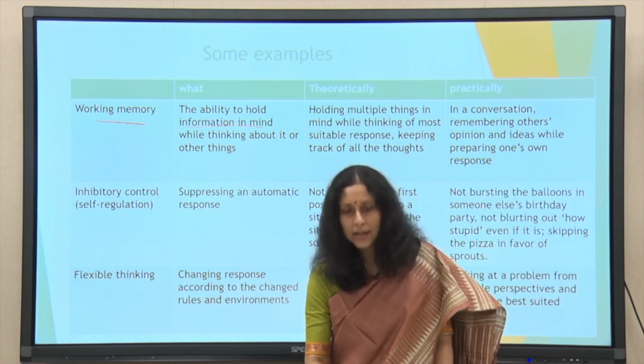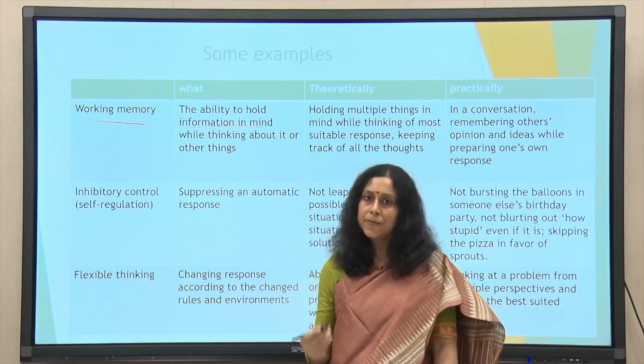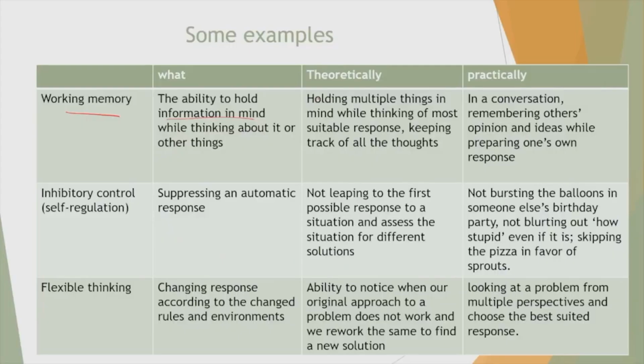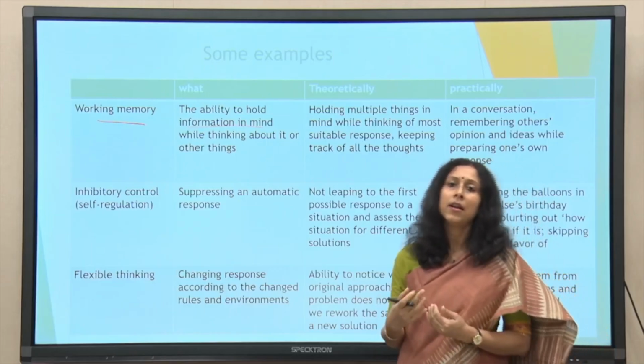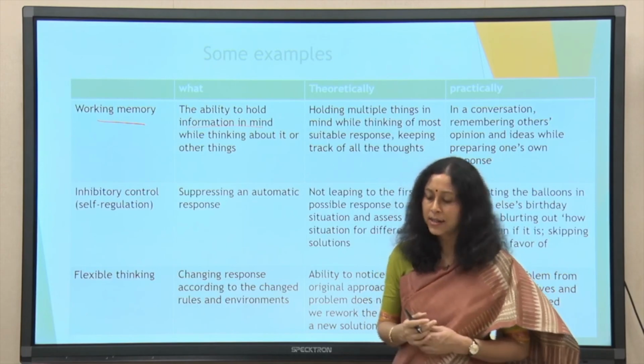Theoretically speaking, it refers to holding multiple things in mind while thinking of the most suitable response, keeping track of all the thoughts. You need all this information to be worked on right now. So, they are all in your working memory, but you must keep track of all of them in order to work on them, in order to find the most suitable response for that given scenario.